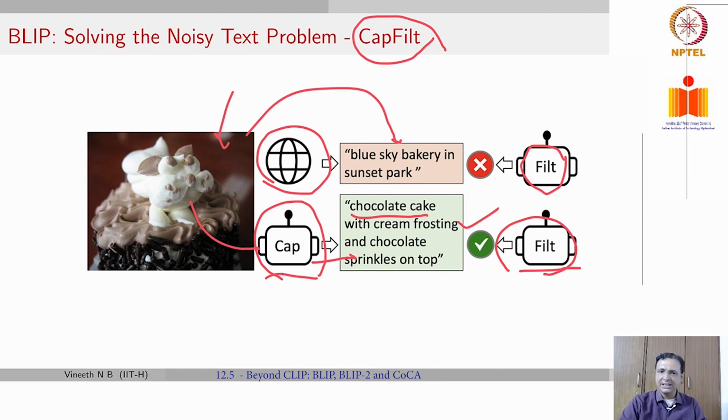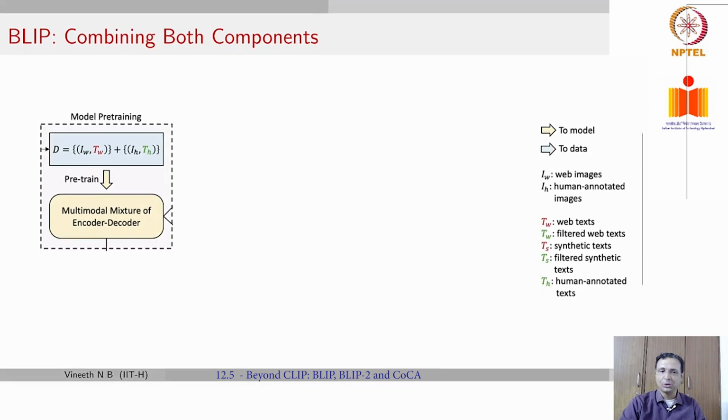Now let's see how these captioning modules and filtering modules are actually constructed. So they first take a dataset which is web scraped and a dataset which is human annotated. IH, TH corresponds to image text pairs which are web scraped, and image text pairs which are human annotated. This is used to train their model, which is called MED, or multimodal mixture of encoder decoder. That's what is trained using this initial data.